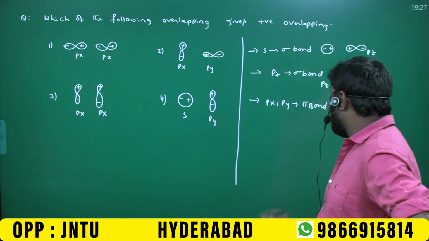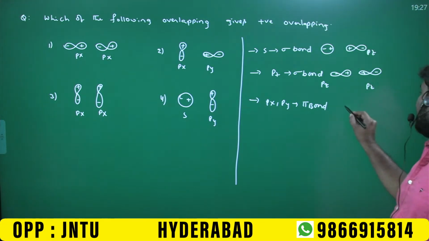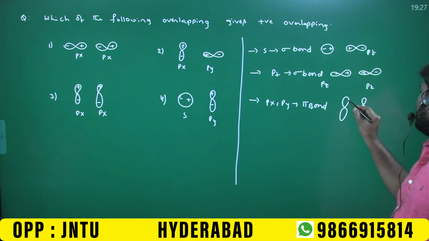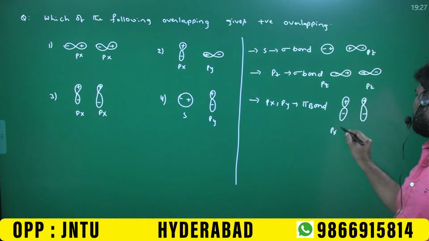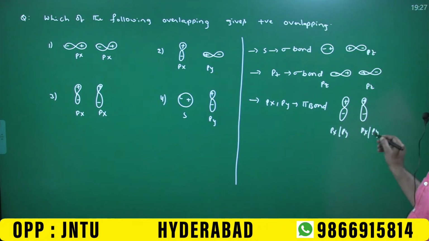So perpendicular to the internuclear axis, that means this may be px or may be py, anything. This is plus minus, plus minus. This may be px or py, resulting in the formation of pi bond.